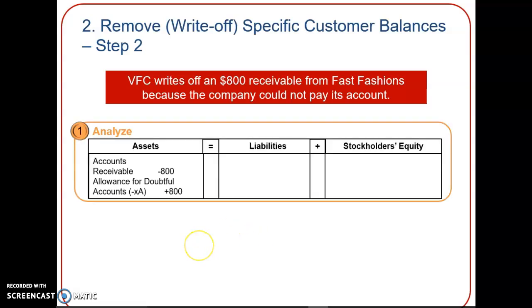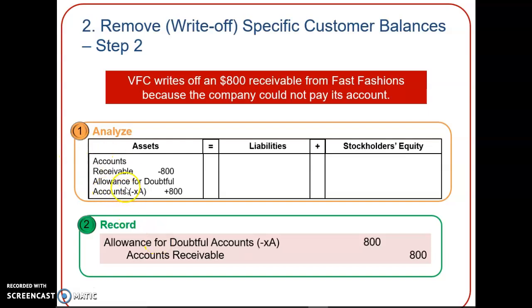So our company, the VFC, writes off $800 receivable from this customer because the customer could not pay its account. So analysis, we're going to write off accounts receivable $800. We also reduce allowance for doubtful accounts for $800.